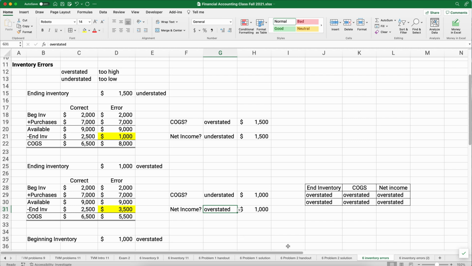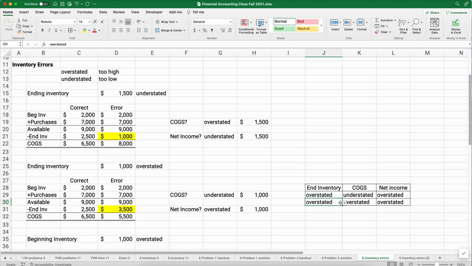So let's think about what we have. If our ending inventory, let's do the first one is overstated, like number 2 here. If our ending inventory is overstated, what's the effect on cost of goods sold? Well, it's going to be understated, and our net income will be overstated. So if our ending inventory is too high, our net income will be too high.